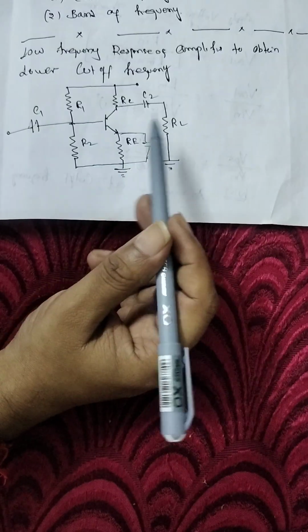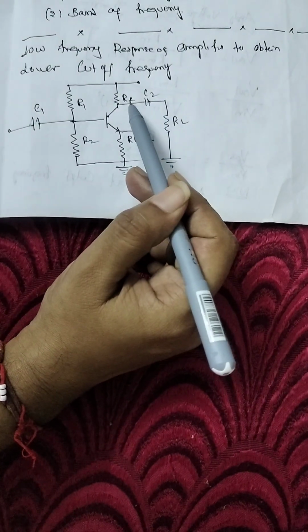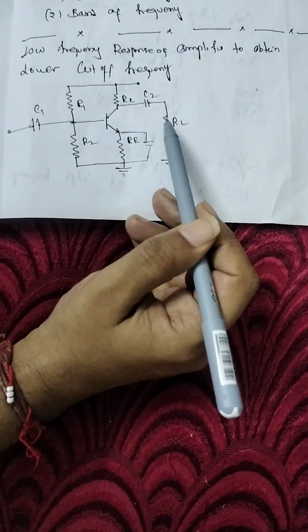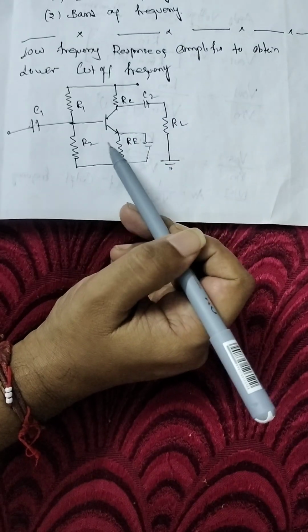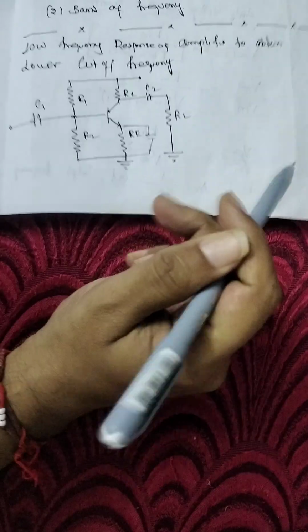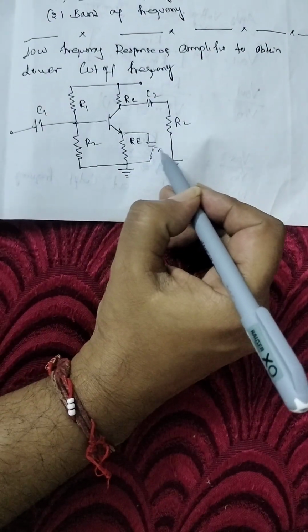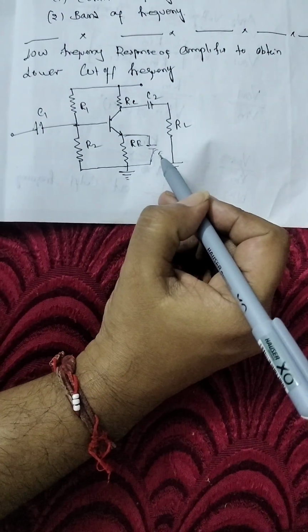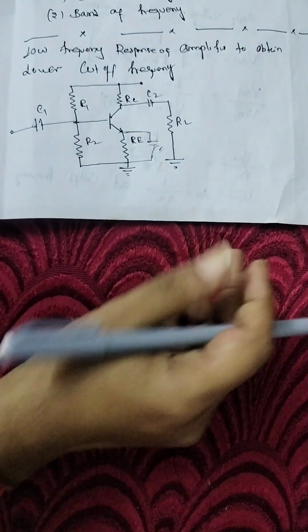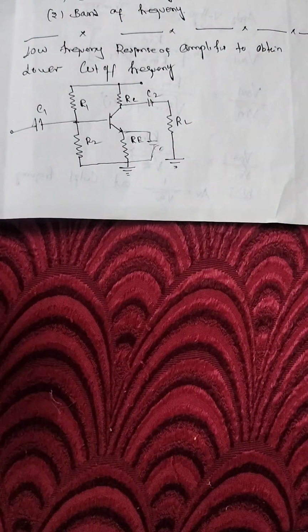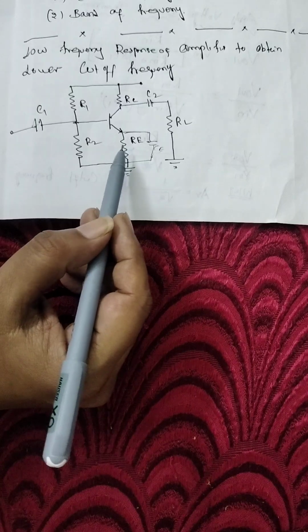Then the output resistance is RC and RL. Then for the bypass network we have RE and CE. CE means the capacitor in the emitter, RE means the resistor in the emitter.